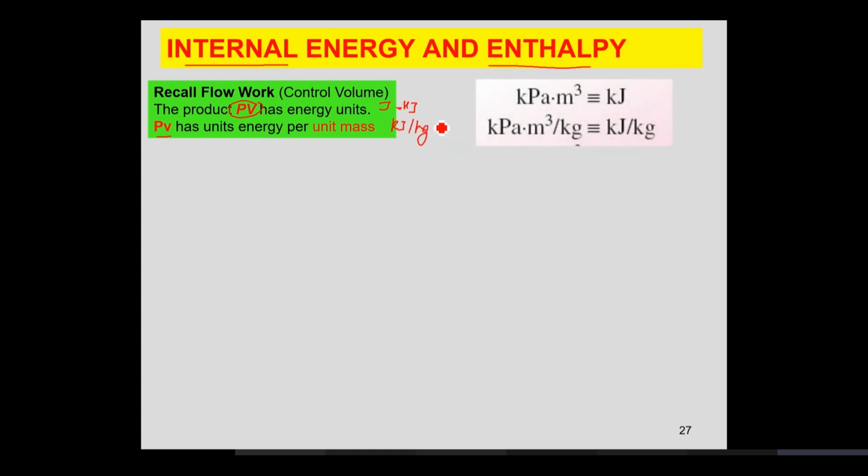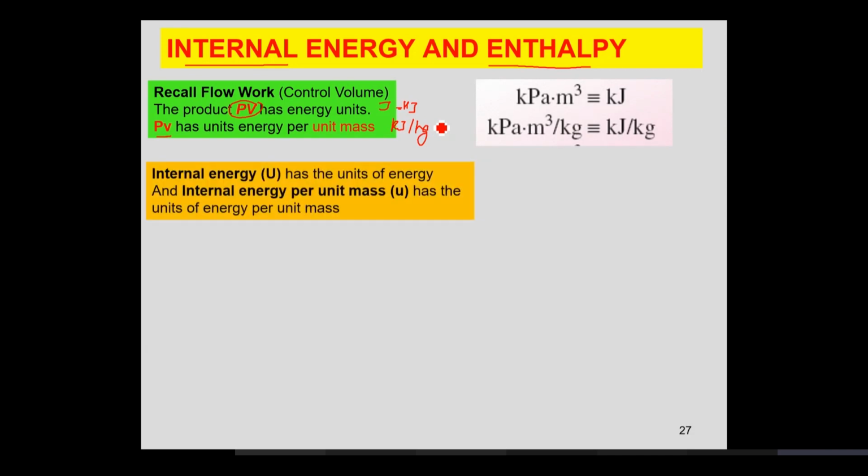Again, it is associated with energy. Similarly, internal energy, which is defined by the capital letter U, has the units of energy, which is again joules or kilojoules, and internal energy per unit mass contains the units of kilojoules per kg or joules per kg.